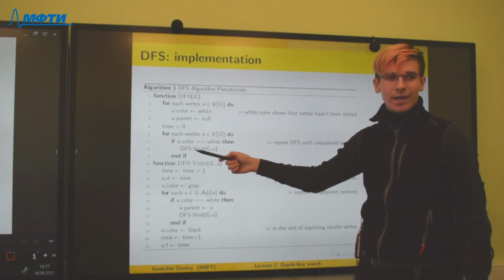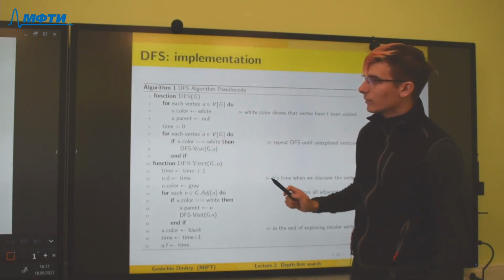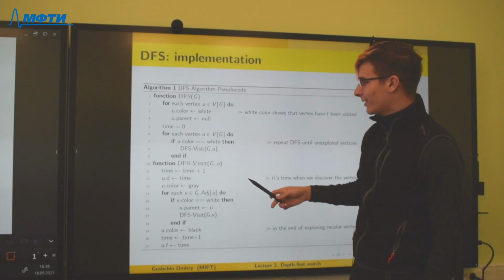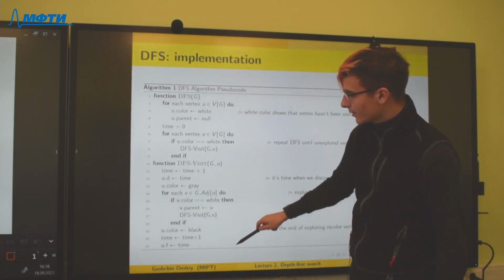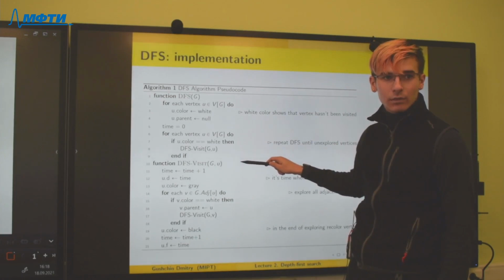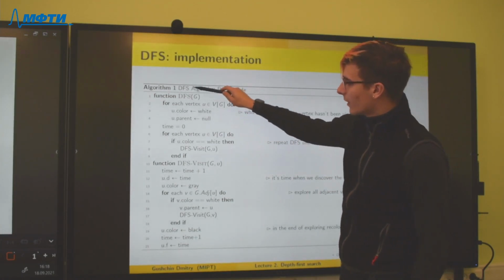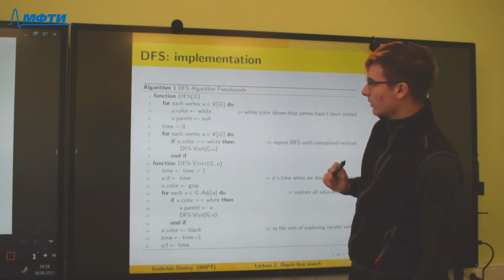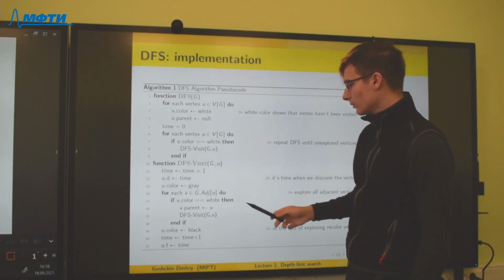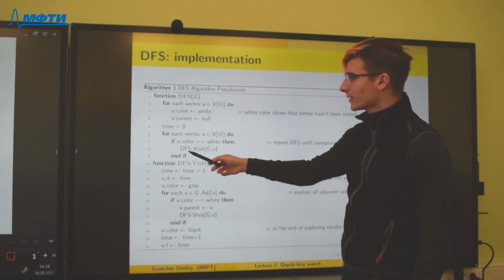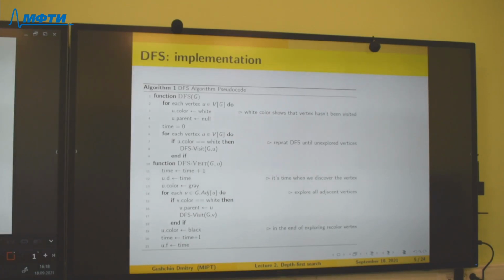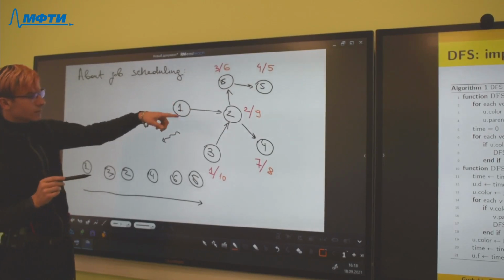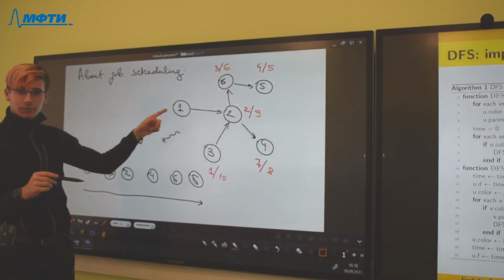And the tree that we have on the left board is equal to the result of the DFS visit function. And then function DFS tries to understand whether each vertex has black color or not, and it finds one that has white color and starts DFS visit from this vertex too.